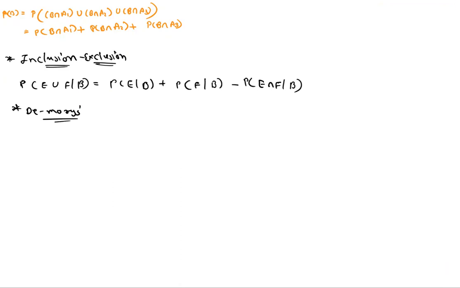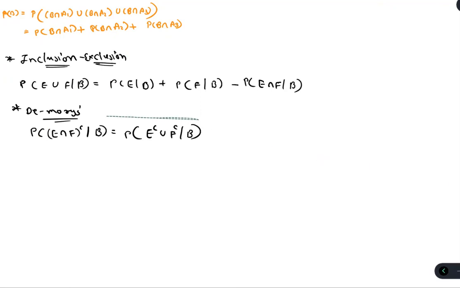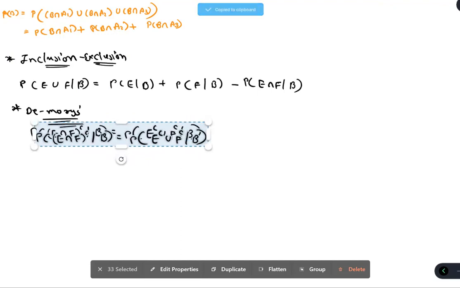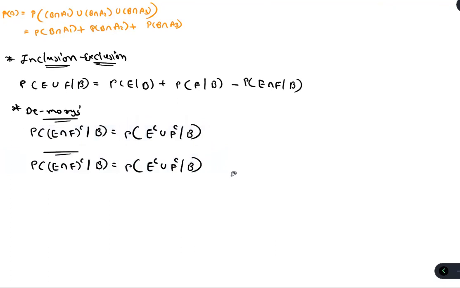You can check the spelling, we are not here for grammar checking. E intersection F complement given B, you can write as E complement union F complement given B, and vice versa, if you have a union. Let me write it also so that you will not be confused in the room.